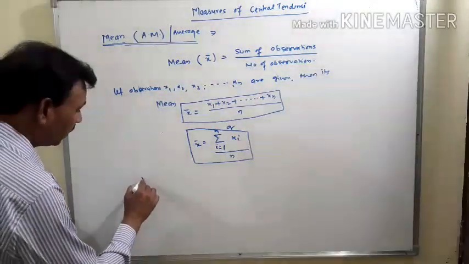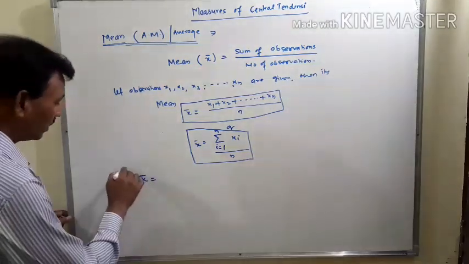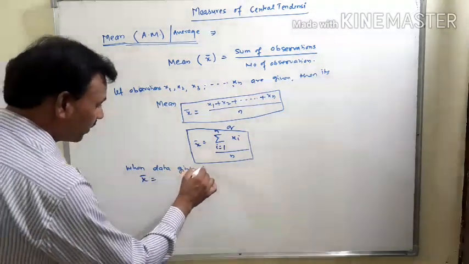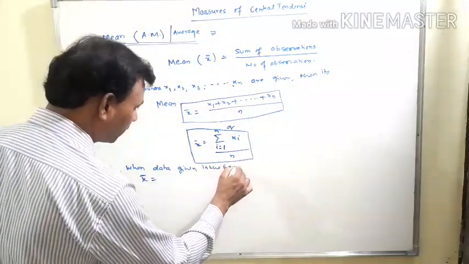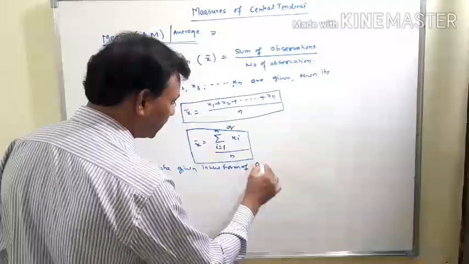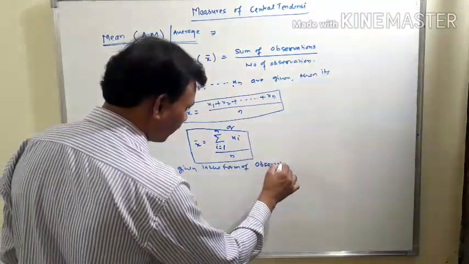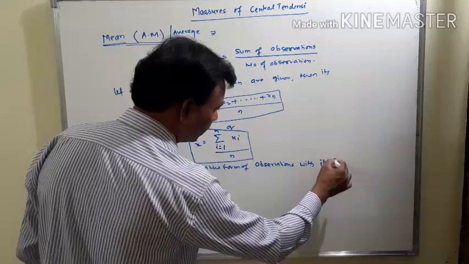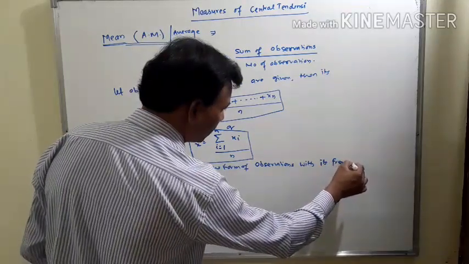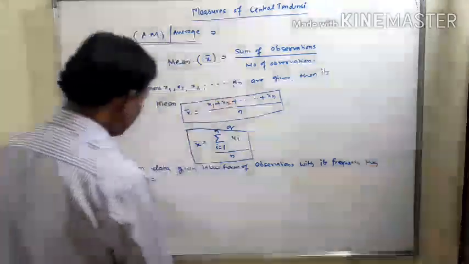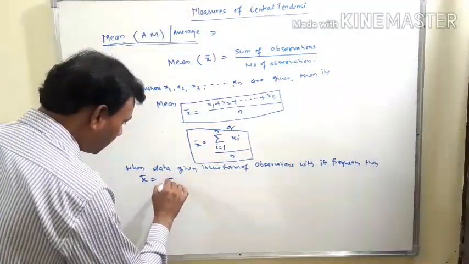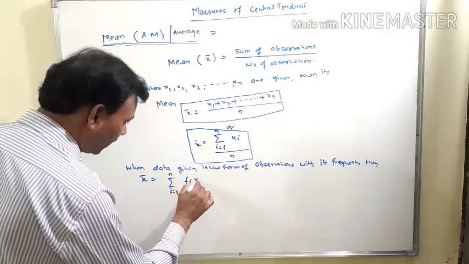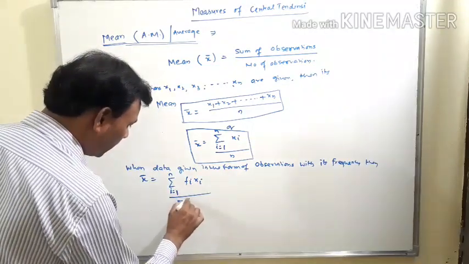When data is given in the form of observations with its frequencies, then x bar equal to summation I equal to 1 to n fi xi whole upon sigma fi.